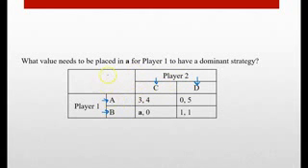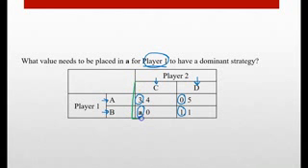Now we want to figure out what player 1's dominant strategy is. So let's go ahead and just circle player 1's payoffs so we can concentrate on those and ignore player 2's, because they don't matter when we're trying to find player 1's dominant strategy. Now remember, player 1's dominant strategy depends on what player 2 chooses.